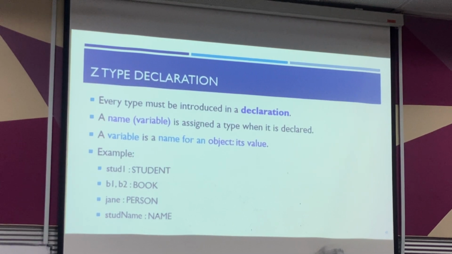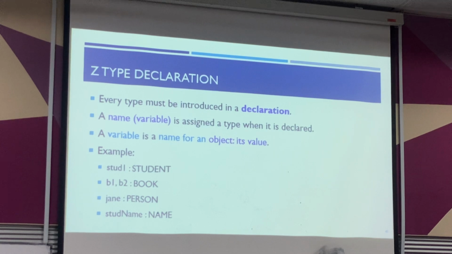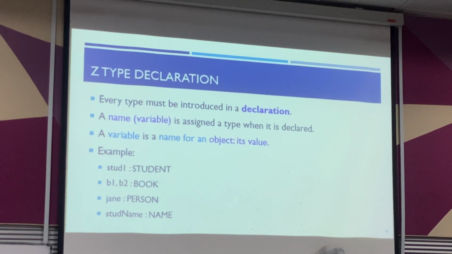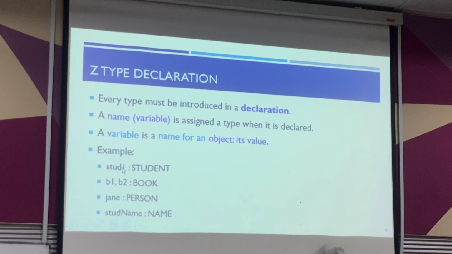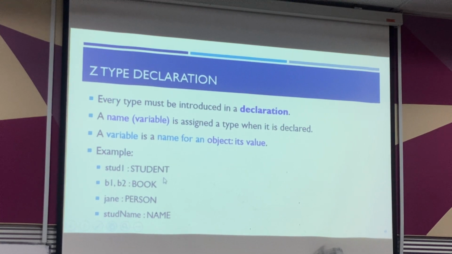Then how do you declare them inside your Z schema later? When you want to declare, it's a combination of your identifier and the type. You use the identifier, colon, and your type here.